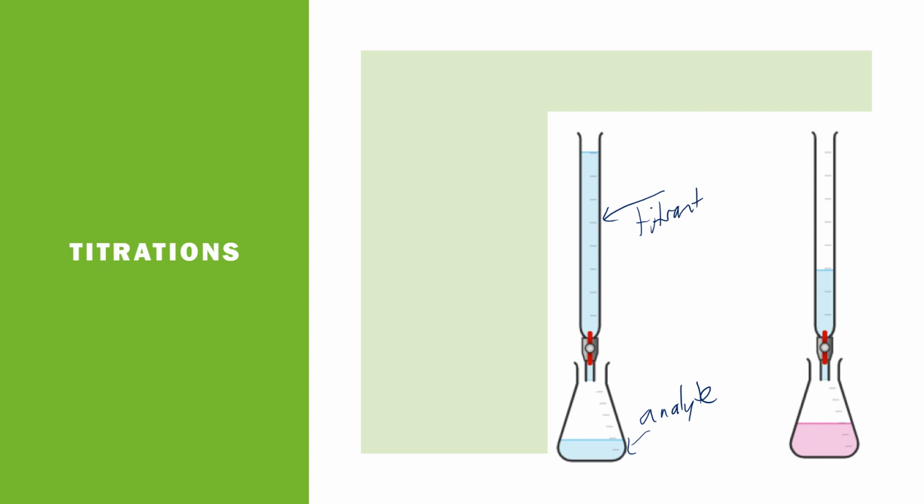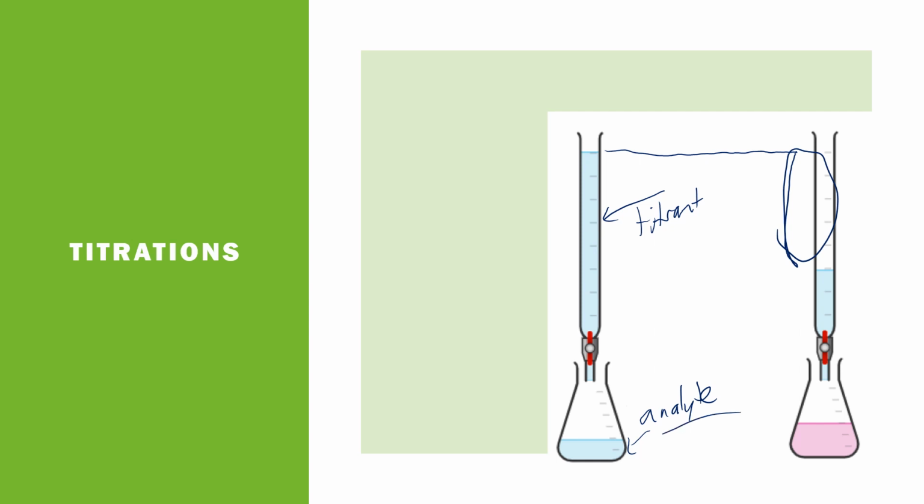And then you just need to see, okay, if your burette started here, how much did I use to get to that end point? And so that is the volume of the titrant, and that's going to be important for your calculations when you're trying to figure out the concentration of the analyte.